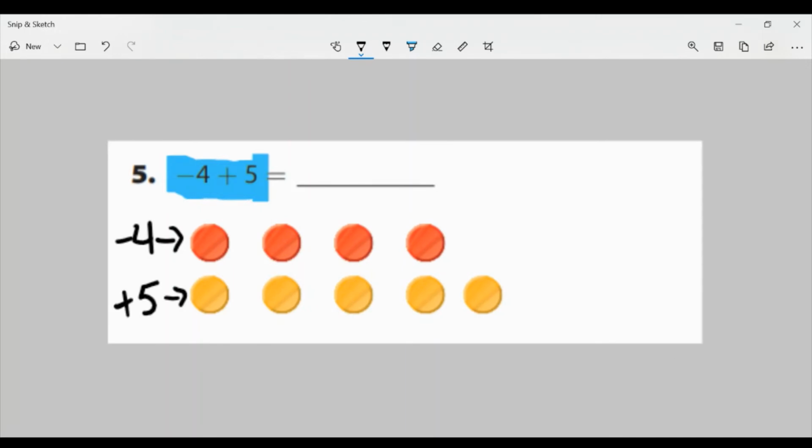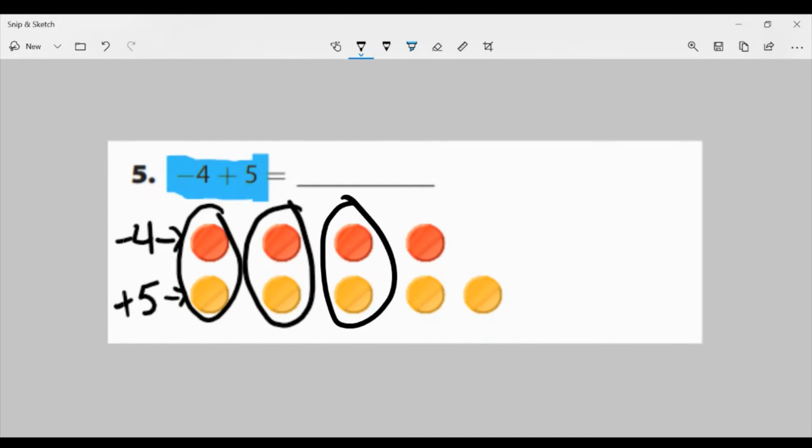Now, when I circle the 0 pairs, right, we got 2, 3, 4 of the 0 pairs. It doesn't matter how many we have, but each one of these cancels out, right? Each of these zero pairs cancel and become zero, right?